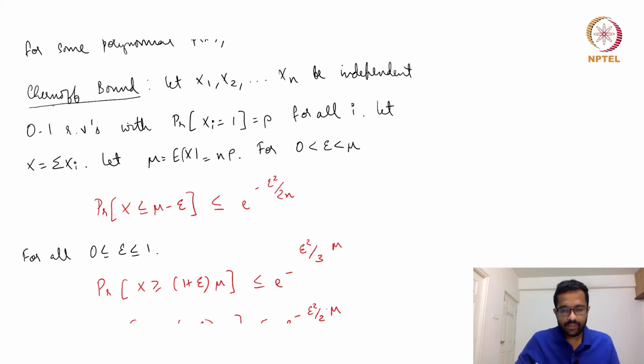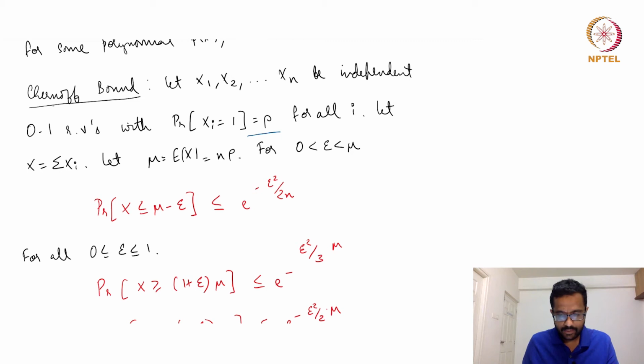It says that if there are n random variables x1 to xn, 0-1 random variables, all independent and identically distributed with probability rho, meaning the probability that each one of them equals 1 is rho, and the probability that each equals 0 is 1 minus rho, and this is true for all the xi's.